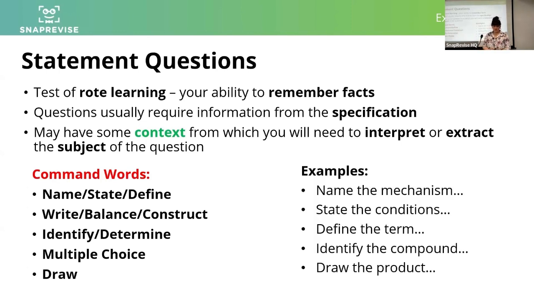So examples of each, it might be name the mechanism for something. It could be state the conditions. It could be define the term, identify the compound, or draw the product. All of these for you could be a recall or rote learning exercise for you. So when these questions come up in an exam, you're going to need to recall the content.